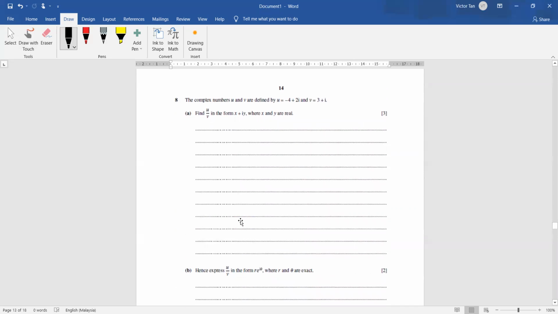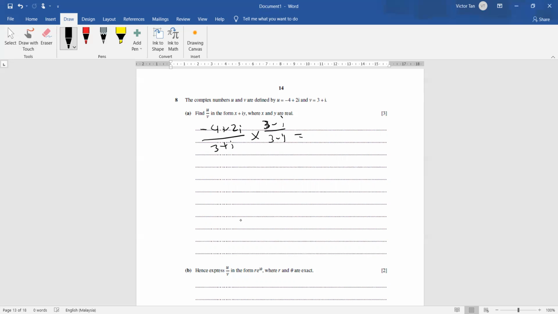The next question is a question on complex numbers. So you rationalize the denominator, minus 4 plus 2i over 3 plus i. You multiply by the conjugate of 3 plus i.